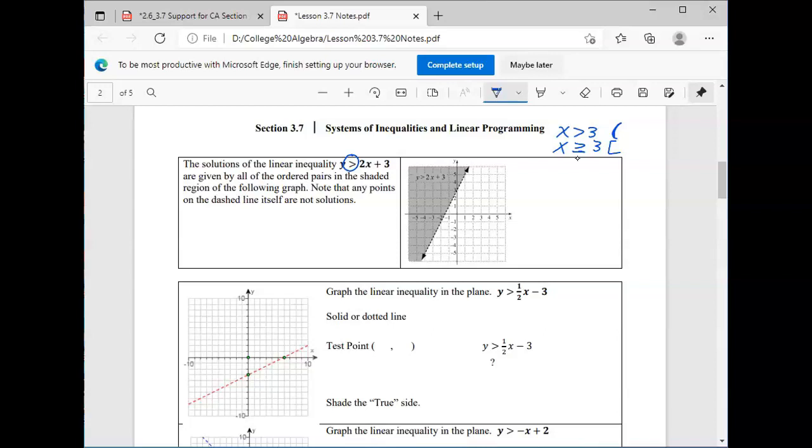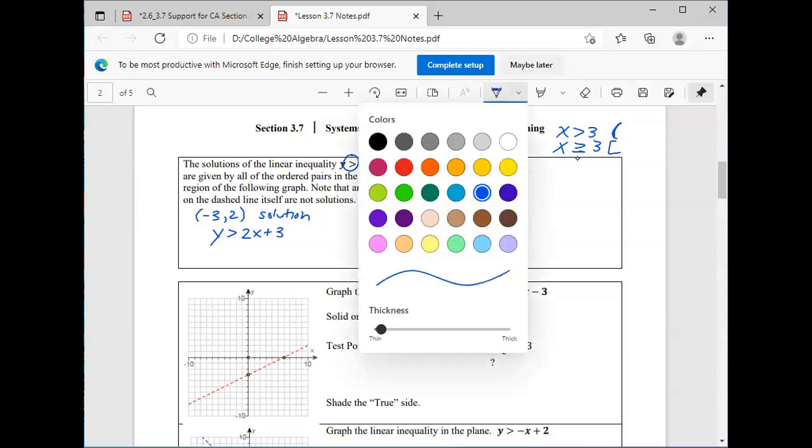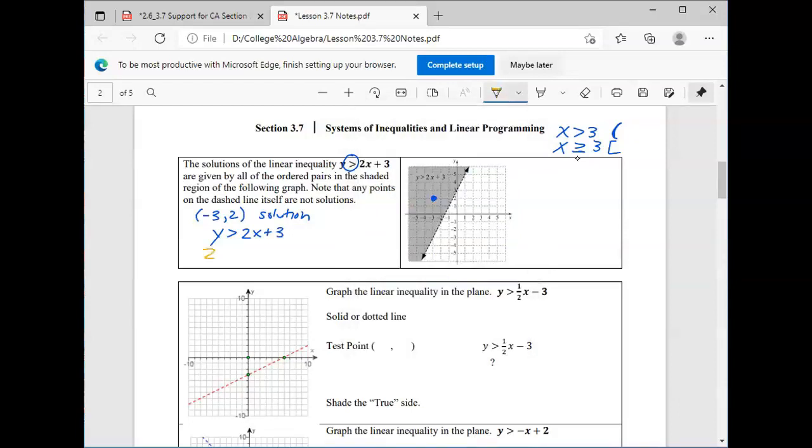Another thing you can do to see if you are shading in the correct part is pick a test point. This point right here is shaded in for me: -3, 2. This point should be a solution to my inequality, y is greater than 2x plus 3. I can check that by plugging in 2 for y and -3 for x.